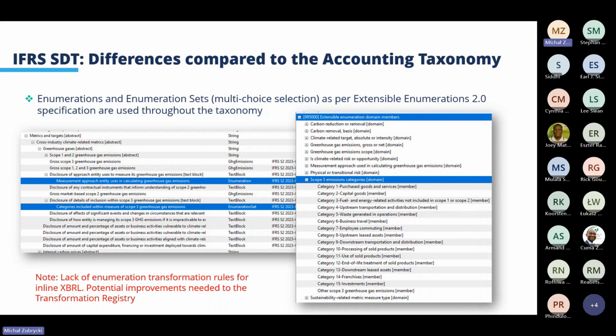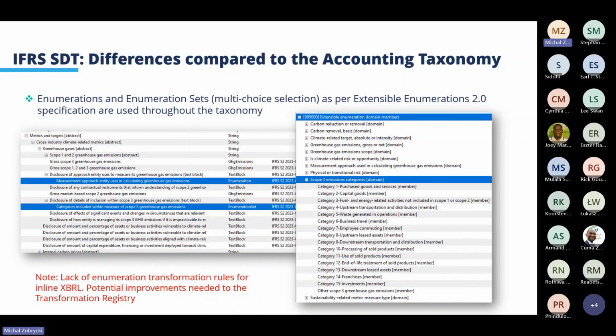Now, the extensible enumeration 2.0 was introduced by XBRL International to mostly cater for one thing that was missed out. Maybe not missed out, not needed at the time when the 1.0 specification was released. The ability to create drop-down lists that will allow for multi-choice selection.